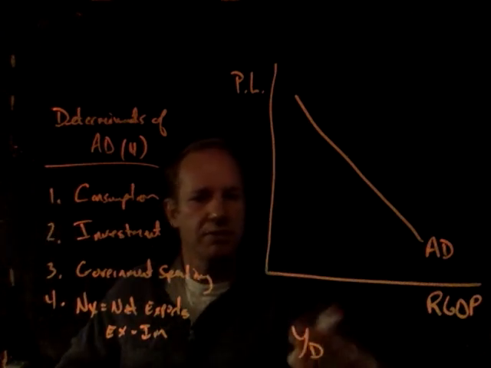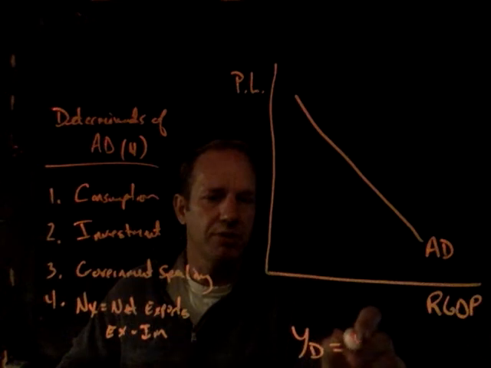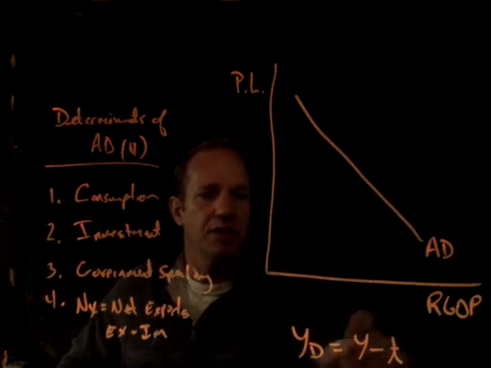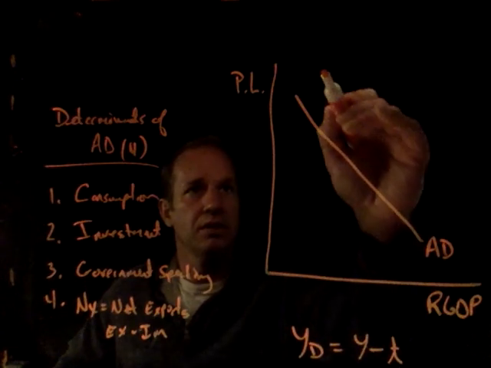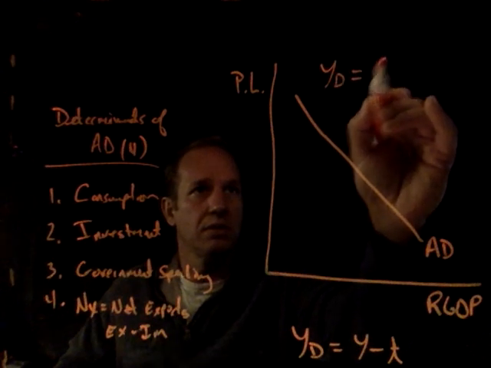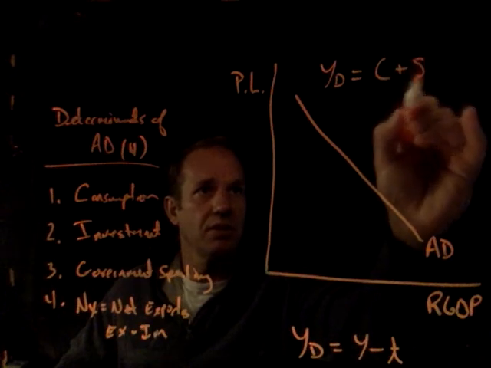Taxes play a big role on both of these, because disposable income, Y sub D, income is represented by Y, D for disposable, is equal to income minus taxes. And our disposable income, we may do one of two things with. We can spend it, that's consumption, or we can save it.